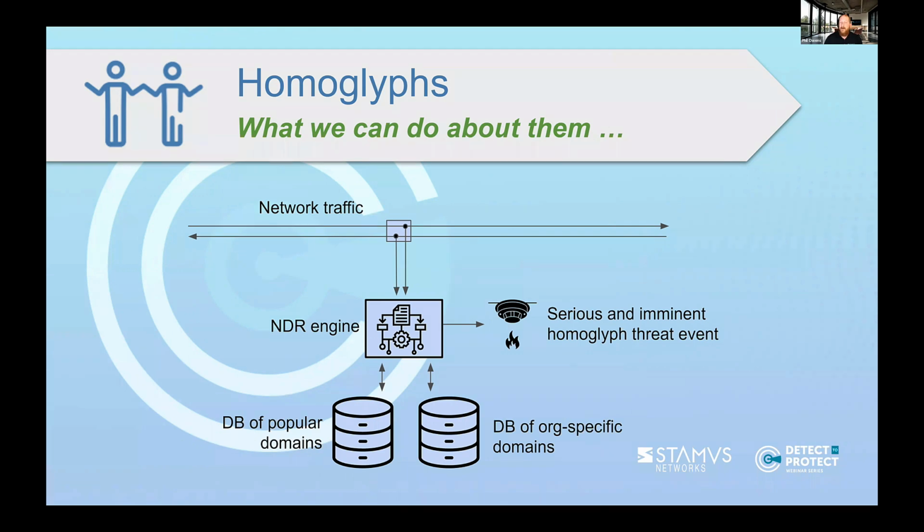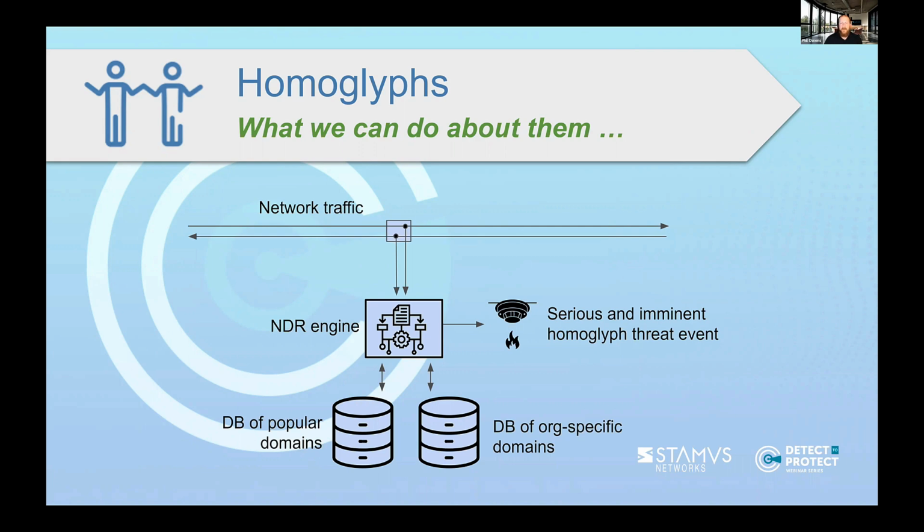Homoglyph detection requires advanced functionality that the IDS just simply doesn't process, right? Advanced logic, stateful logic, and Unicode decoding. In this method, there must be a database of commonly spoofed domains.